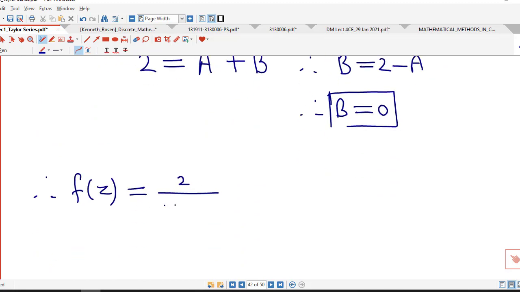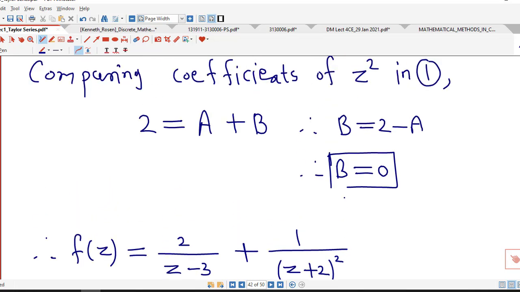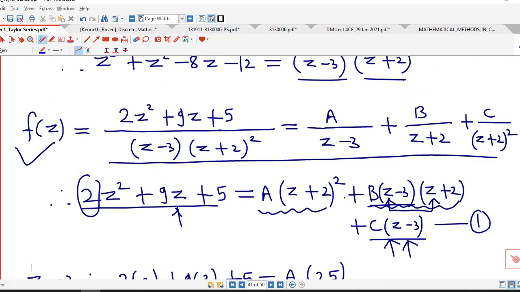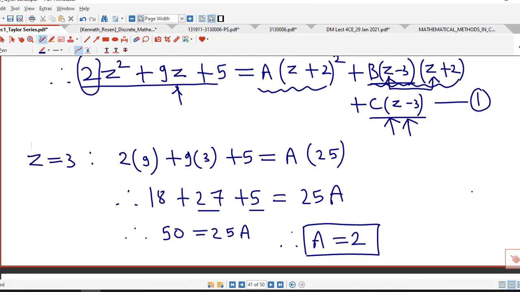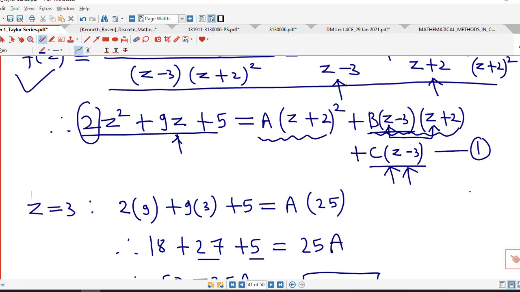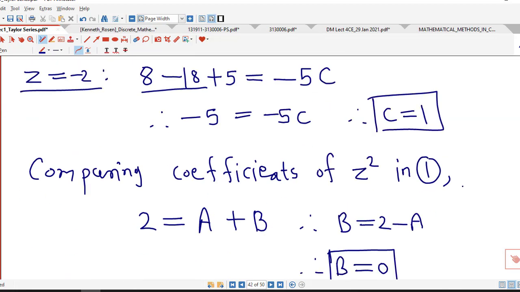A equal to 2, so 2 upon z minus 3, b is 0 and c is 1, so we have 1 over z plus 2 square. Let me check again. Here a equal to 2, so we have 2 upon z minus 3, b is 0 and c is 1, so we have 1 over z plus 2 square.